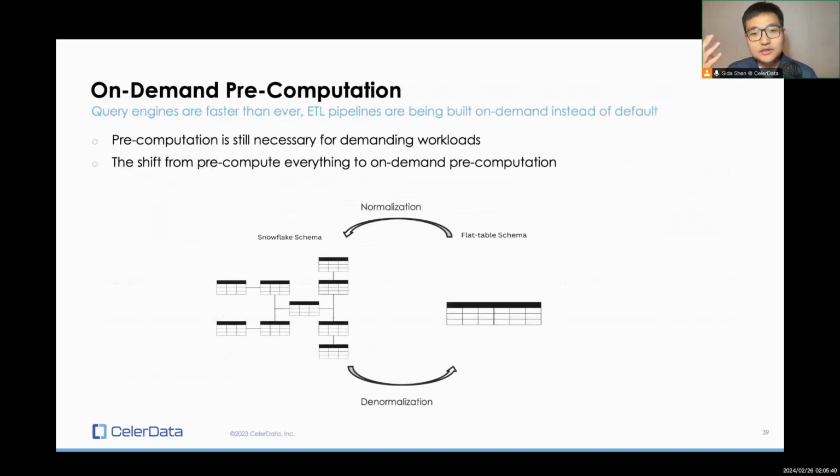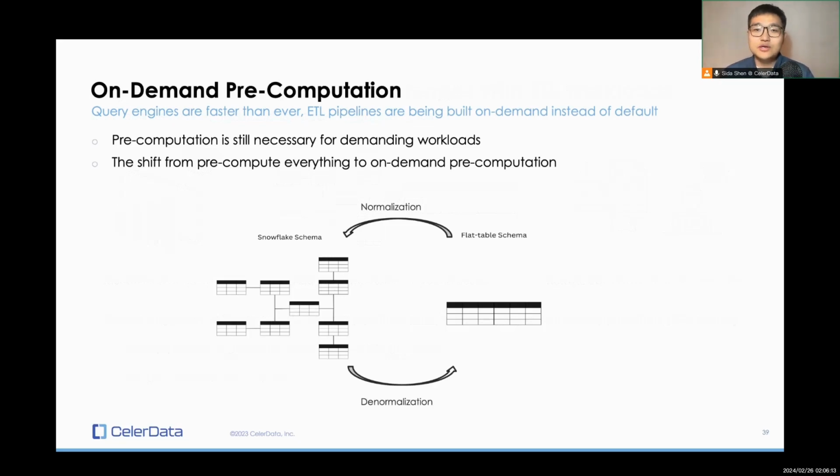And this is caused by query engines running so much faster now. Before, when query engines were slow, everything was pre-computed by default, so on-demand pre-computation was not really needed because there's not much you can actually run on the fly. Now query engines are running so much faster, we can do a lot more computations on demand compared to 5-10 years ago.